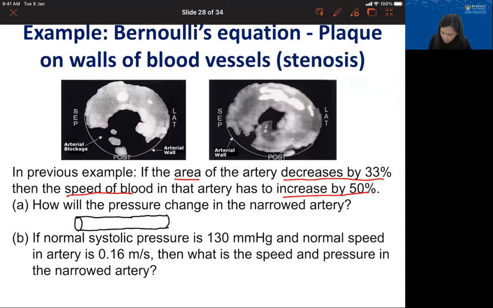Okay, let's just assume that the artery has the same elevation, so we don't have to worry about the height. But then you have a narrowing of the area at some point because of the blockage in the artery.